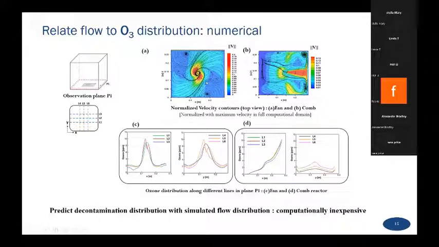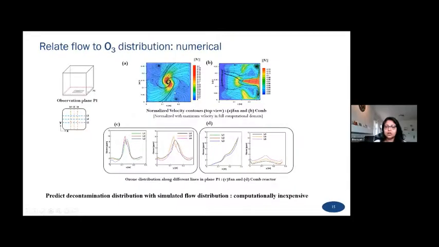To relate the flow distribution to ozone distribution quantitatively, here are some line plots. These are all at 10 seconds of firing the reactor. And as we can see for the fan reactor, in both directions, we have high concentrations at the middle, and the velocity contours show that as time passes, it will carry it on towards all the sides.